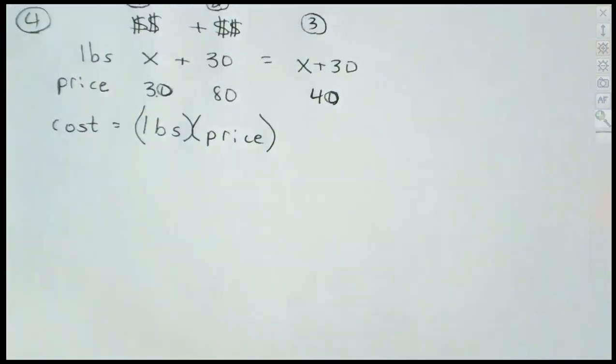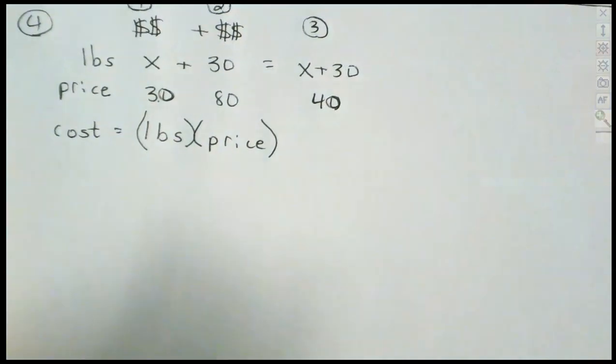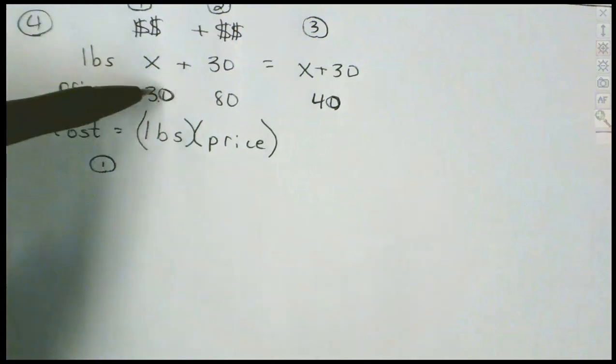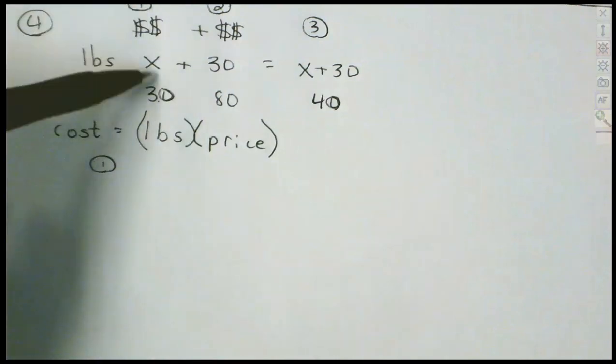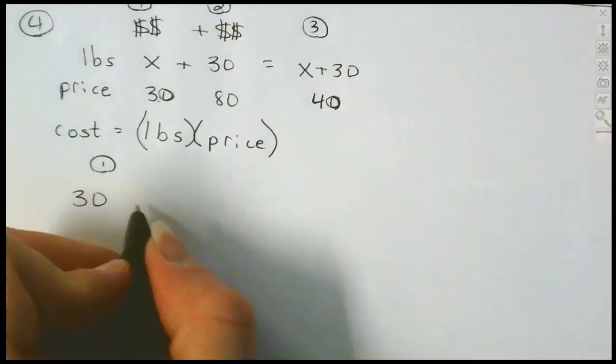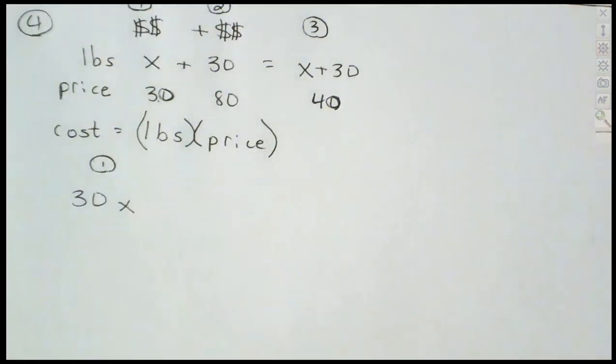So cost is going to be the number of pounds times the price. So looking at the left-hand side, the first one, we've got $30 per pound for that coffee. Unknown number of pounds, x. So that's going to give you 30x.